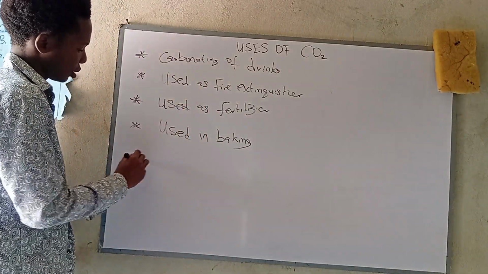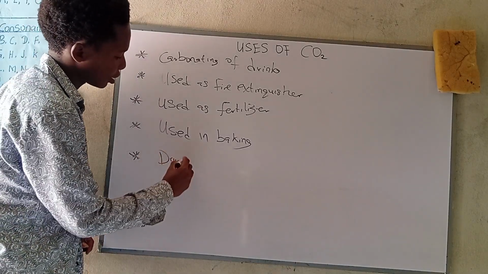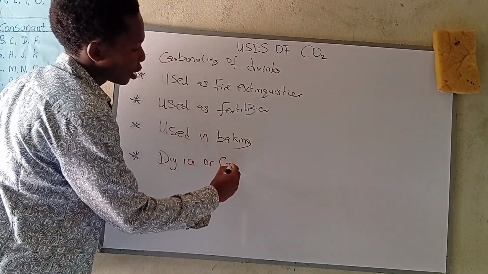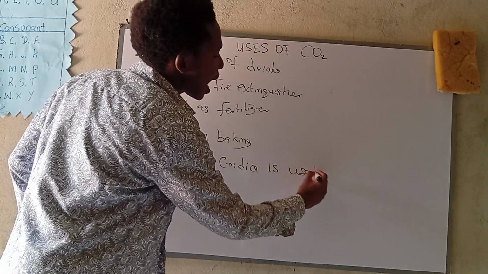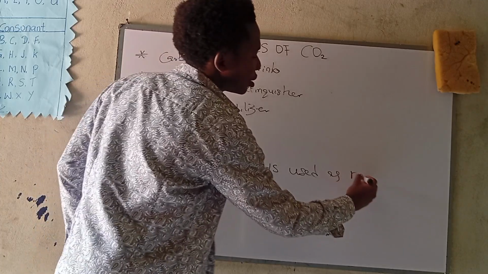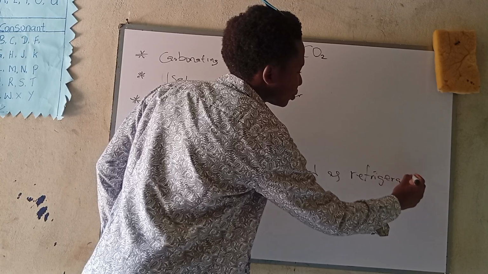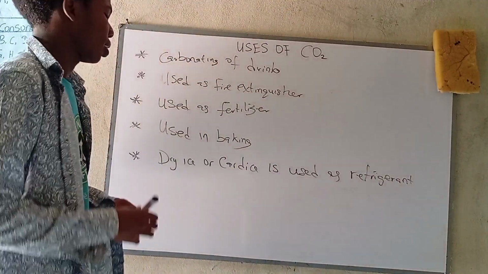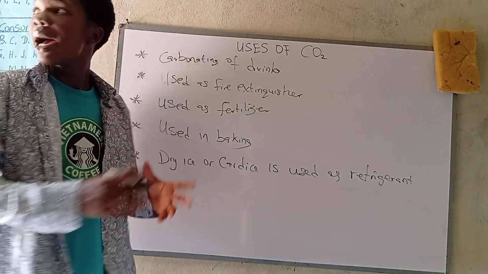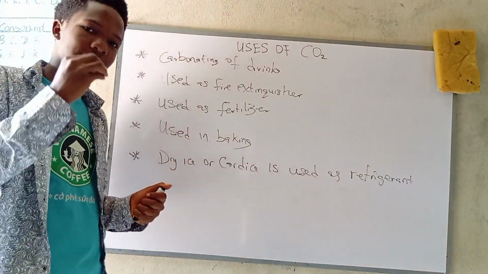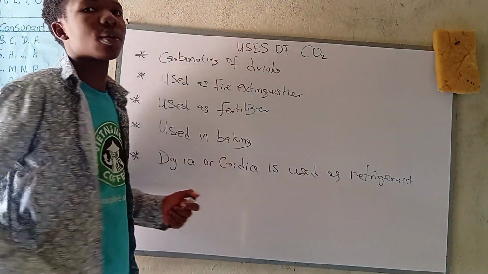Then finally, dry ice or hard ice is used as refrigerant. Alright. So now you now ask me what is dry ice and hard ice. Okay, dry ice and hard ice is the solid state, or we say dry state of CO2.